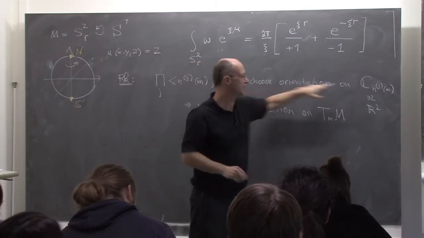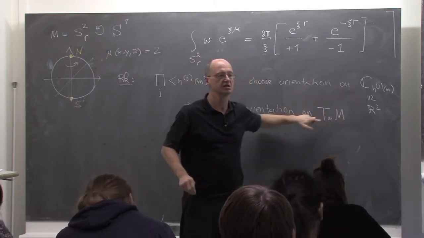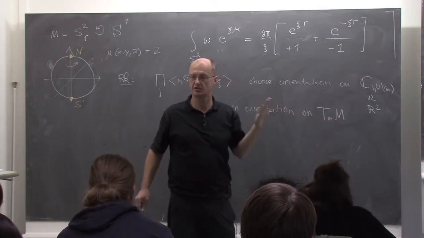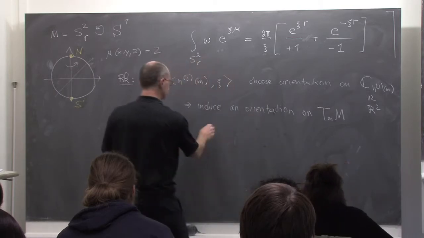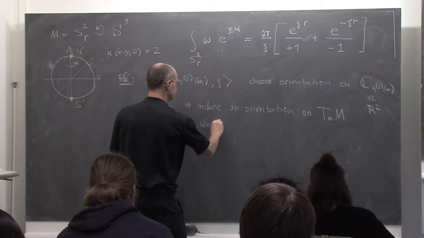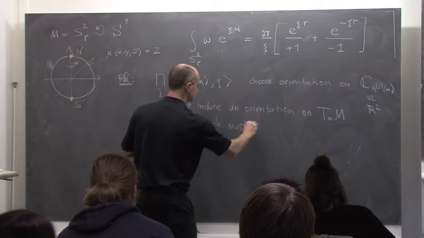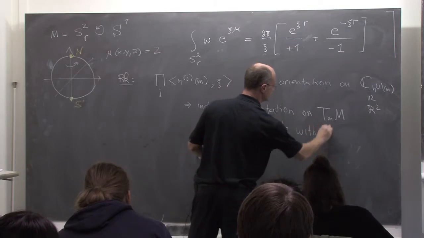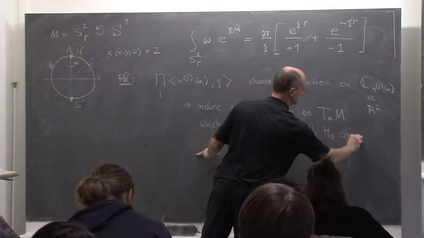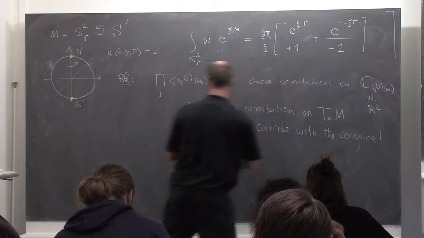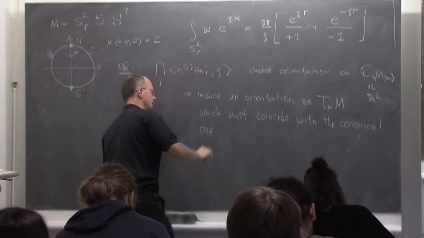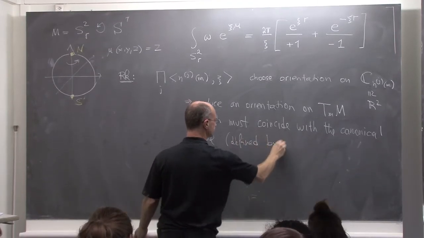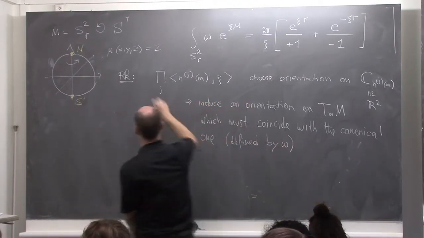So we want this orientation to coincide with the orientation of TM, which is induced by the symplectic form. So we want it to coincide with the orientation defined by omega.